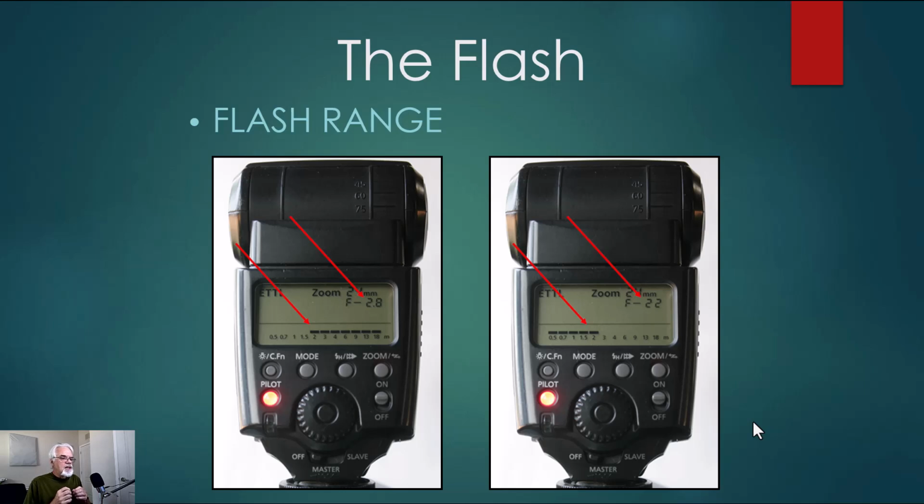It can send light to a subject as close as 2 feet or a subject as far as 18 feet, and it has enough power to ensure that each of those distances are going to be properly exposed based on the flash's output ability. But change that to f22 and look what happens.